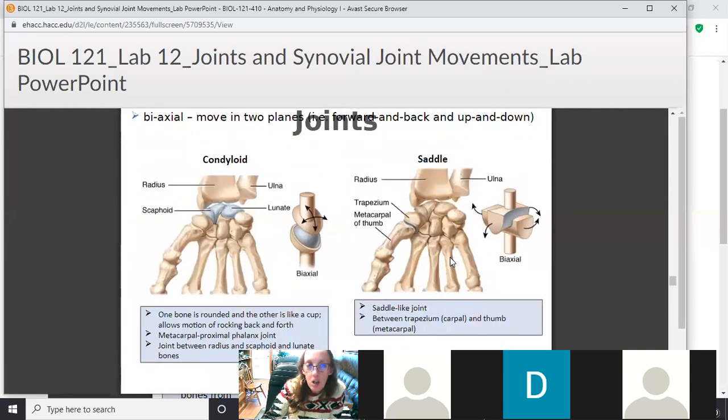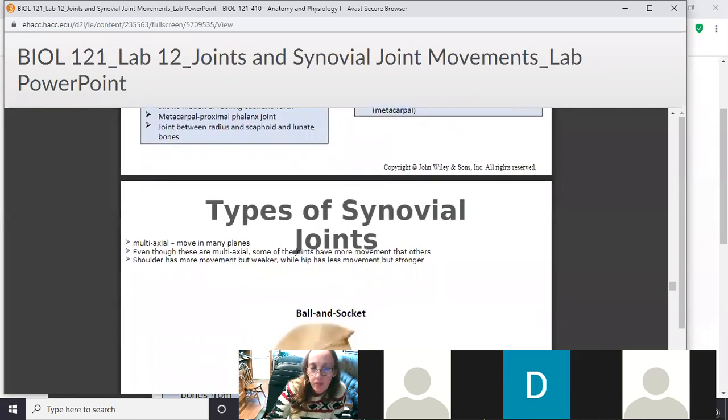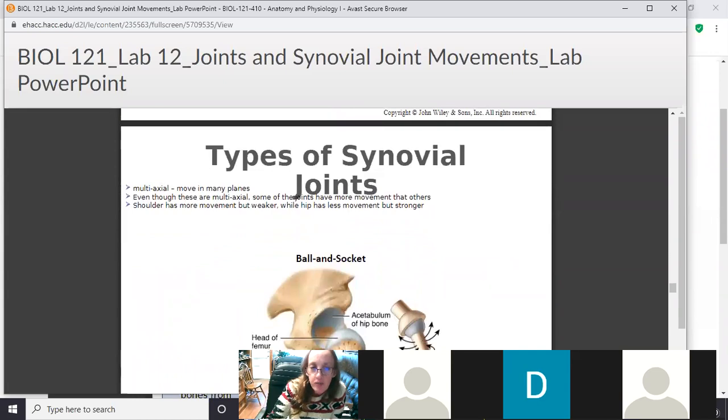Biaxial, condyloid or saddle. One bone is rounded, one of them is more like a cup that allows the rocking motion between the two. A saddle joint. Multiaxial moves in many planes.